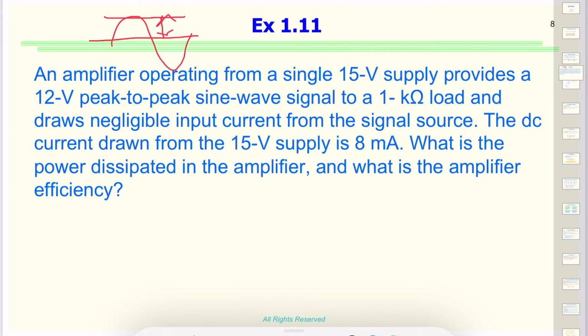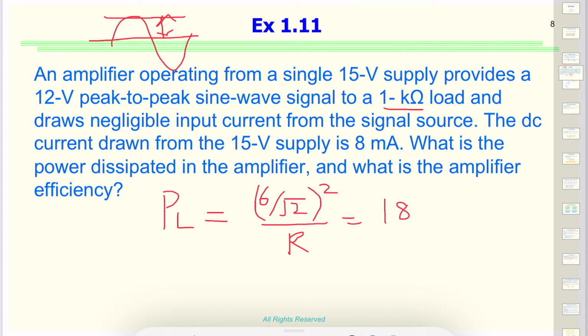So up to this point, if I have to find out my load power, that would be 6 divided by square root of 2, which is the voltage, and V squared over R is for power. R in this case is given as 1 kilo ohm. So kilo, when it comes to the top, it would become milli.